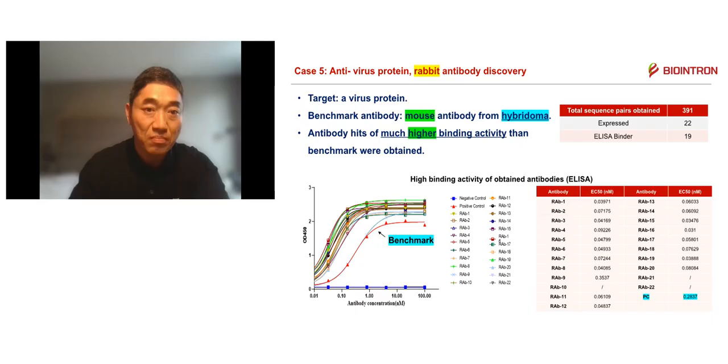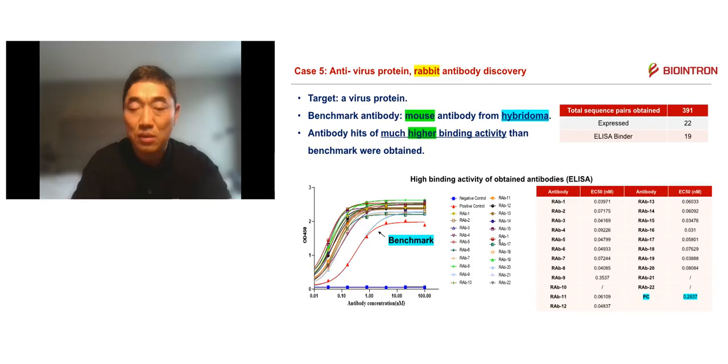The next study is to raise antibody against a viral protein, but this time not from mouse, but from a rabbit. Because in some cases, people turn from mouse to rabbit or rat for some special goals, like they want the antibody to be of much higher affinity, or to recognize some special site, like a PTM site, which a mouse antibody may not work well on.